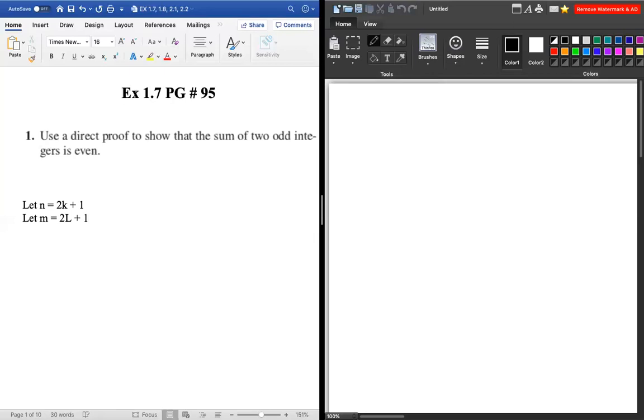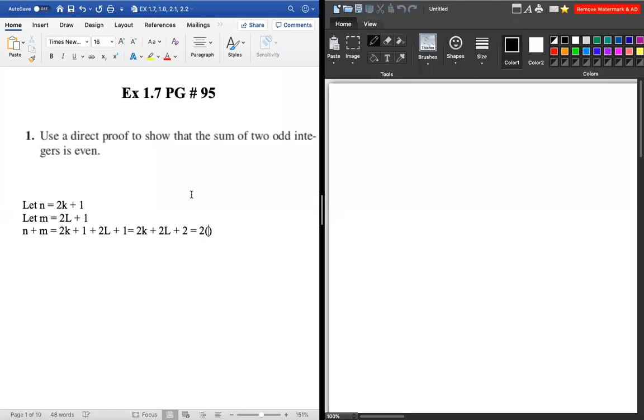So the sum of the two integers, n plus m, will be equal to 2k plus 1 plus 2l plus 1. We can simplify to 2k plus 2l plus 2.